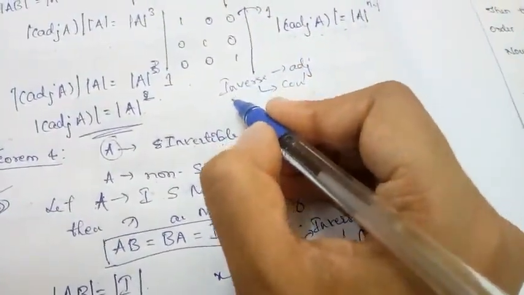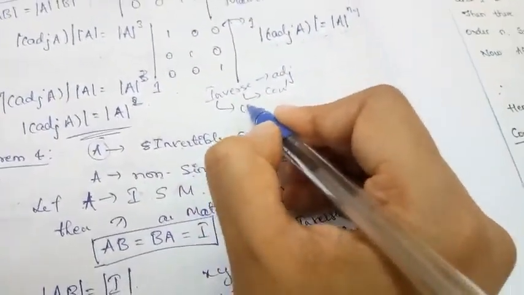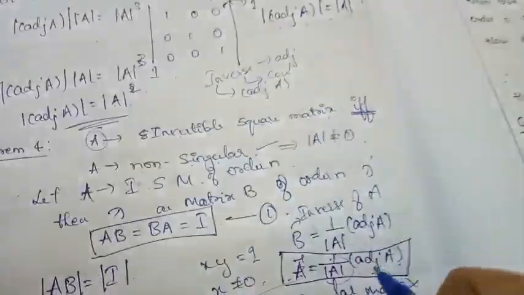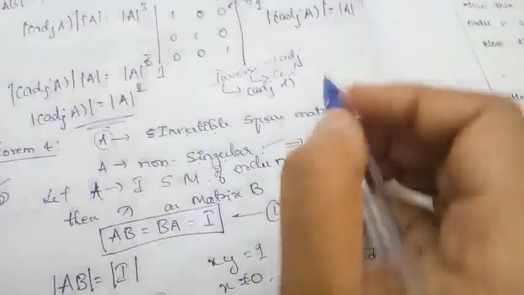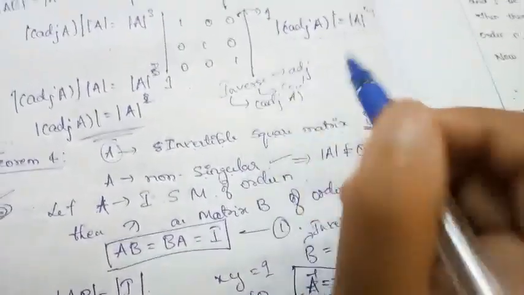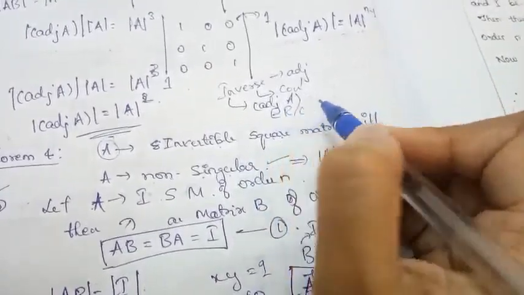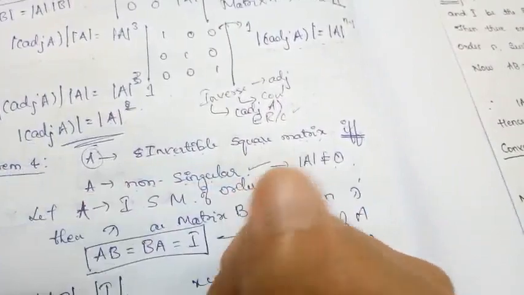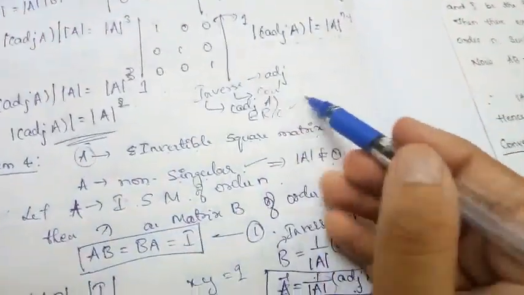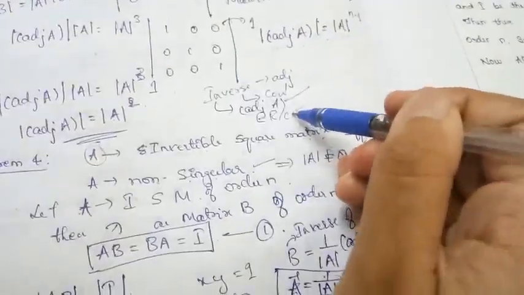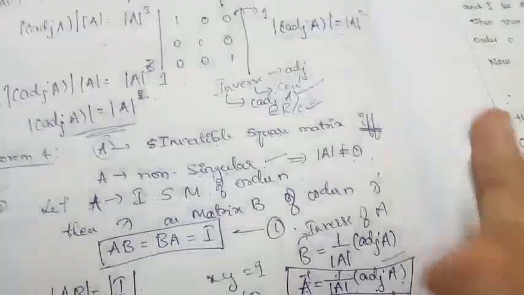Suppose in the examination they ask you to find the inverse of a matrix with the help of the adjoint, you need to proceed in this manner. Or if they mention to find the inverse with elementary row or column operations, you need to proceed with the previous method which you learnt in the matrix section. If they didn't mention anything, you can go with either finding the adjoint and the inverse, or with the elementary row or column operation. It is left to you.